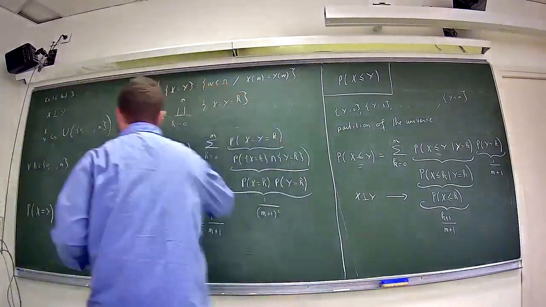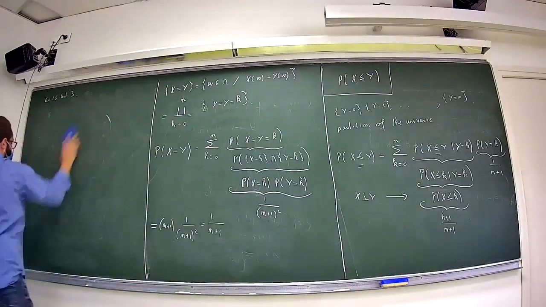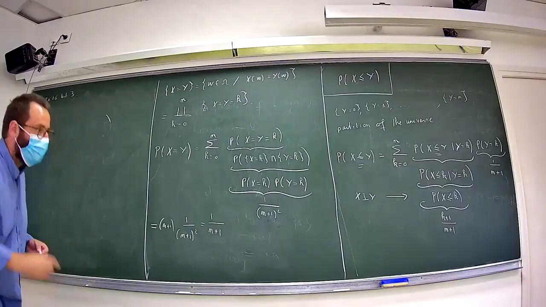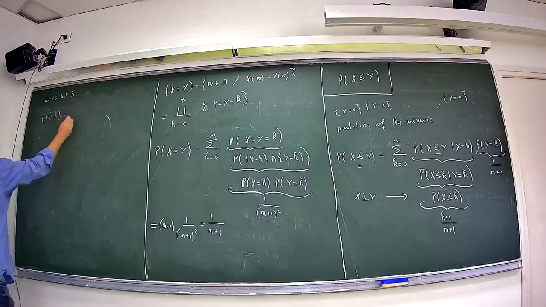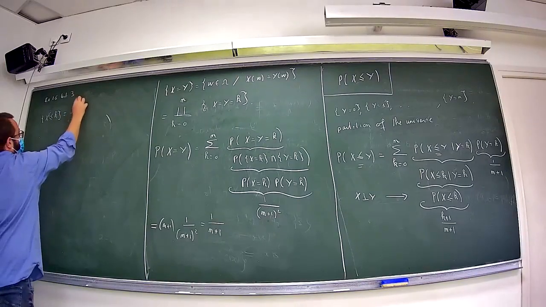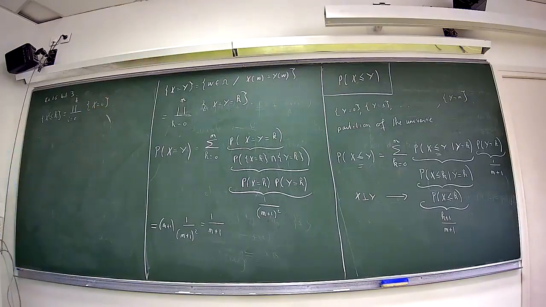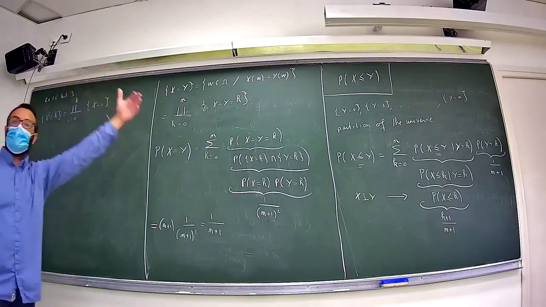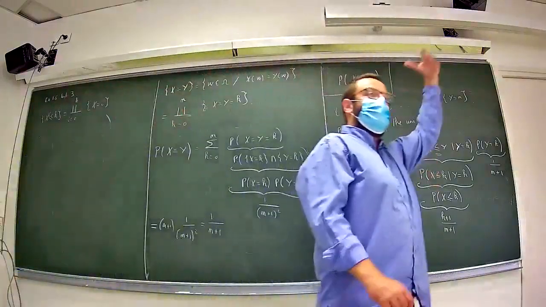If it's not totally clear this way, you can also say the following: X less than k is the disjoint union from i equal to 0 to k of X equal to i. To be less than k, it can be equal to 0 or 1 or 2 until k.